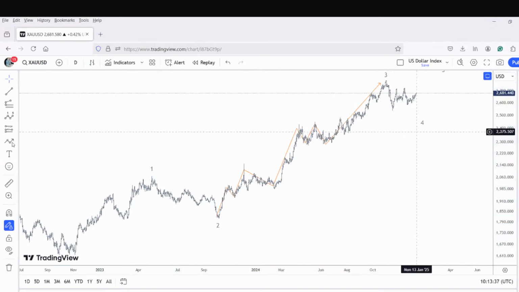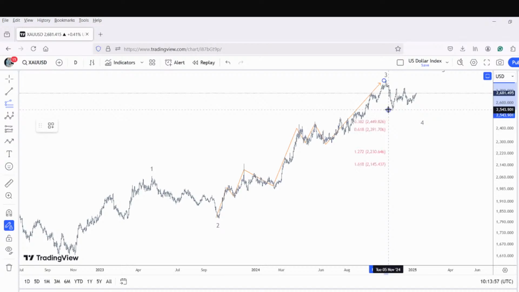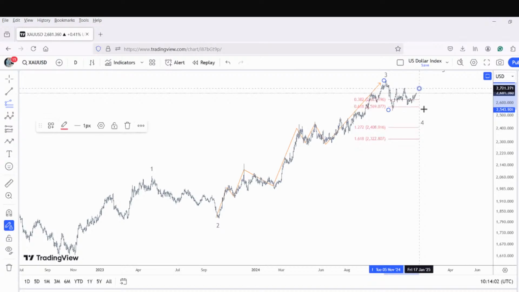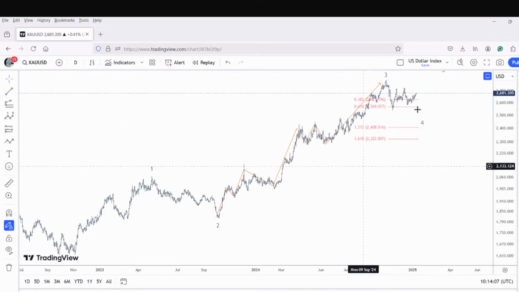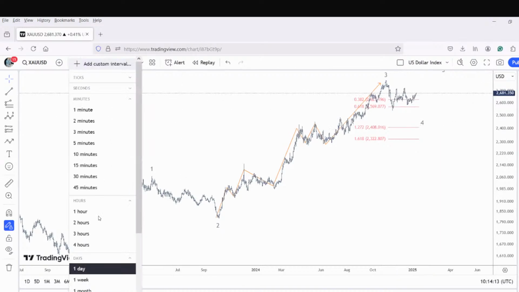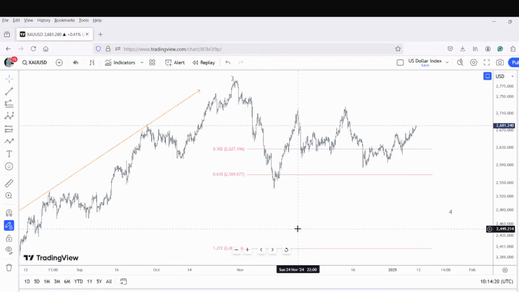Okay, so ideally, expecting wave 4 lower towards 2500 with the potential ABC flat. It's showing around 24, but I'm being a bit conservative to count around the 25 mark, 2500 mark.